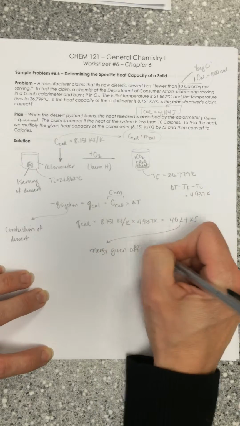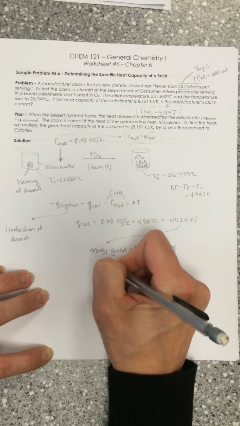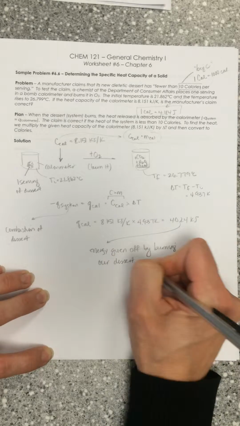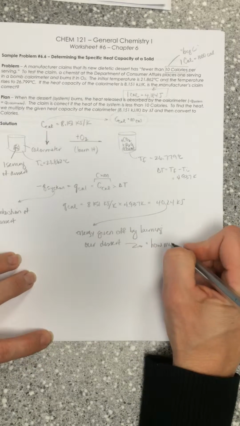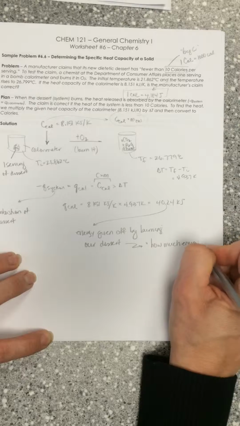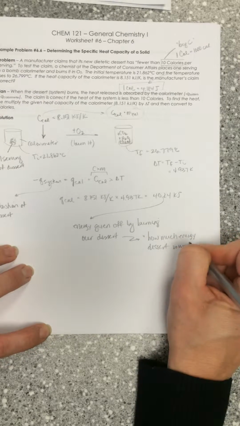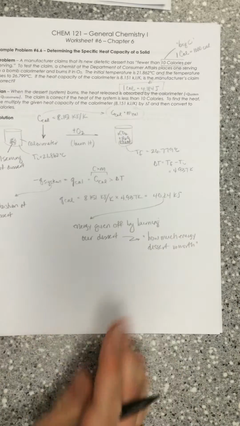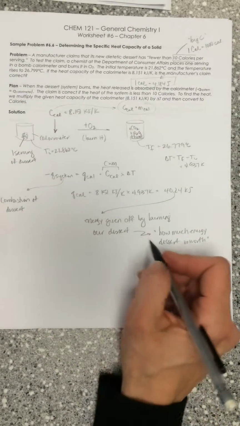What we know is this is the energy given off by burning our dessert. So really, this is how much energy our dessert is worth. What we need to do is compare this to what the manufacturer is claiming.